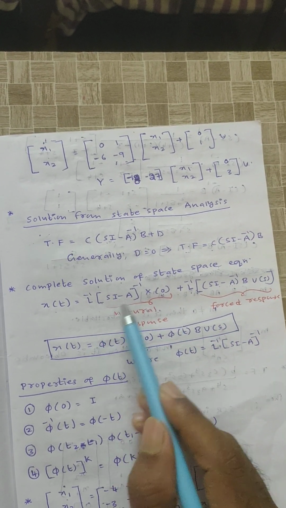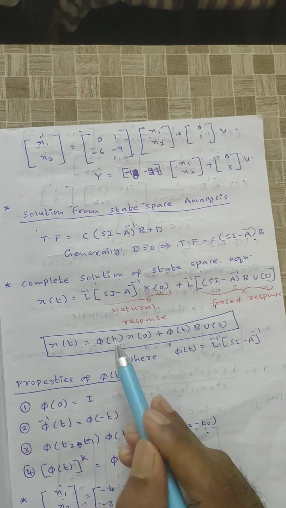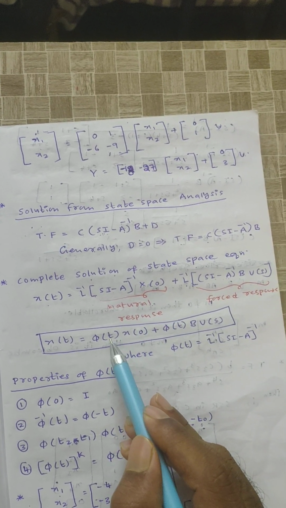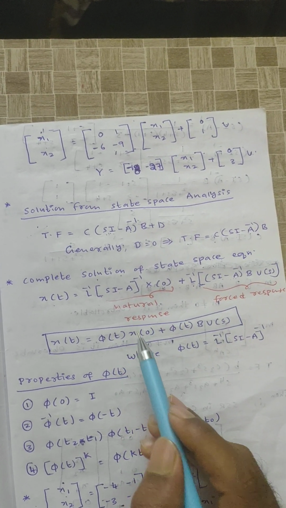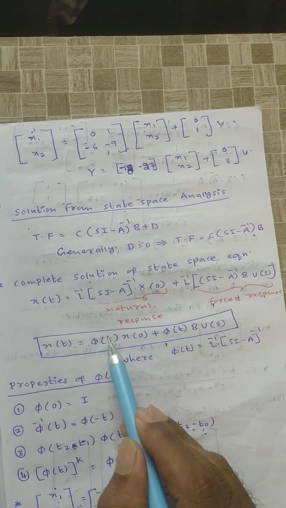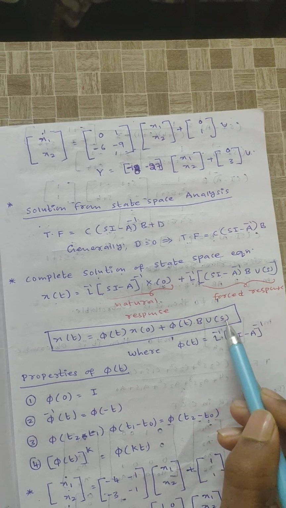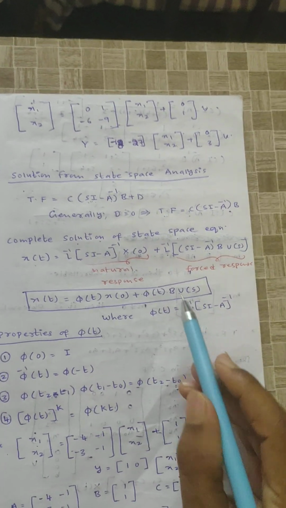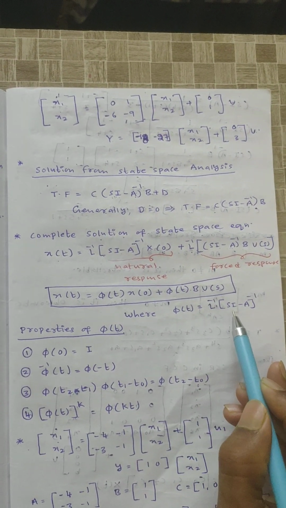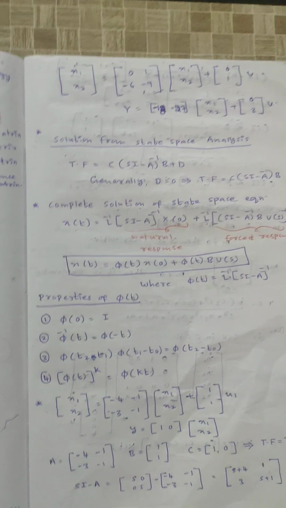This Laplace inverse of sI minus A whole inverse is represented by phi of t; in some textbooks it is represented by e power At. That is, x of t is equal to phi of t into x of 0 plus phi of t into B into U of s, where phi of t is the Laplace inverse of sI minus A whole inverse.